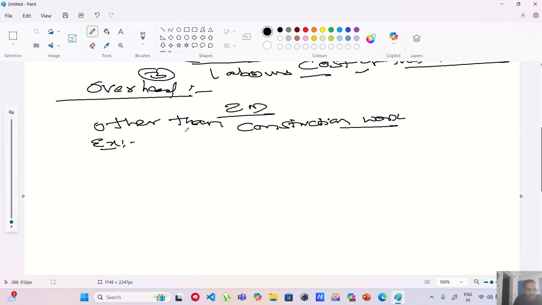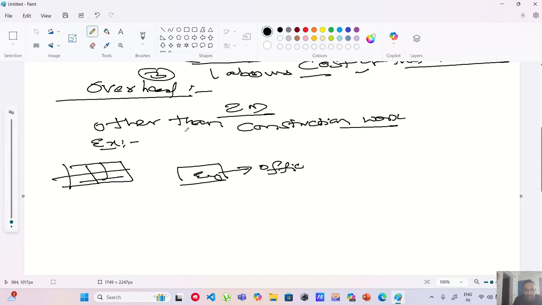The best example: I need to complete this building, so first of all I need to establish some office, and some site engineers are required. This office establishment we can call an overhead.